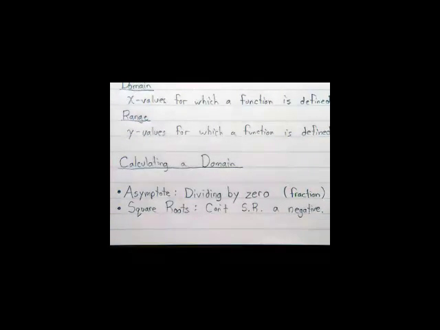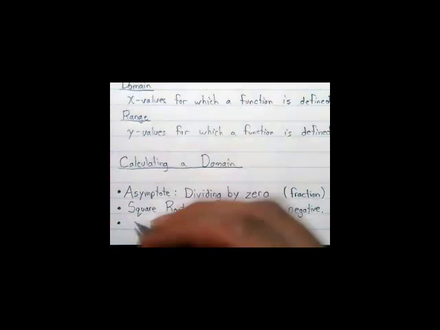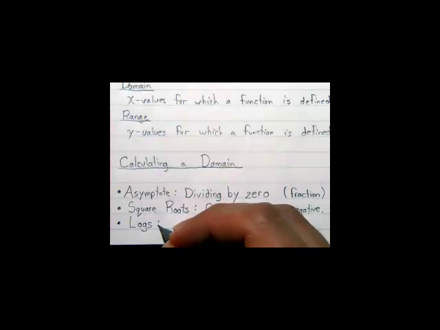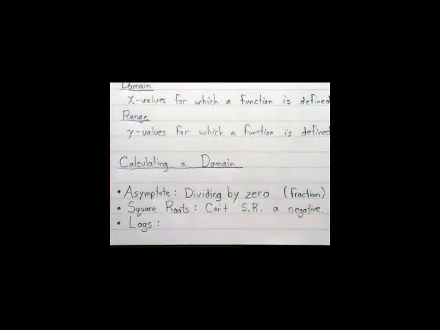So there could be a gap in the domain because of that then. Okay, if you had a square root as part of the function, just make sure whatever's underneath that does not come out negative. And then the third one, which most people forget about, would be logs. Whether it's a natural log or a common log or whatever, these guys have only certain numbers you can input into them as well. Anybody remember what it is about logs?